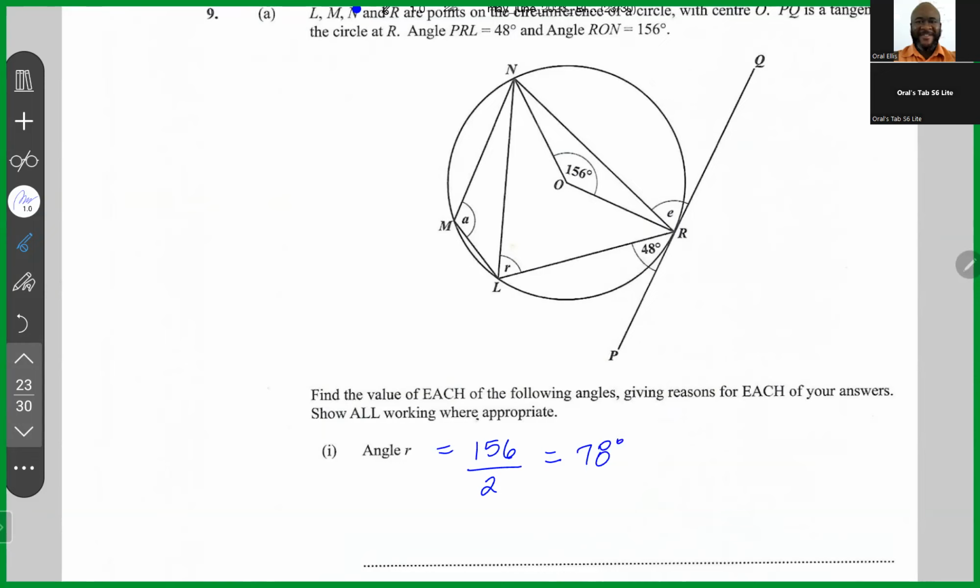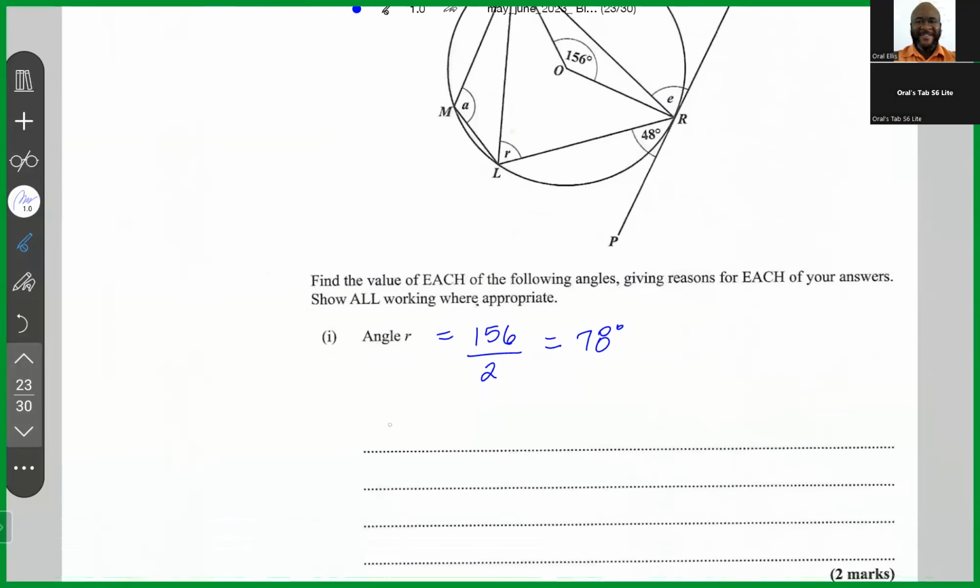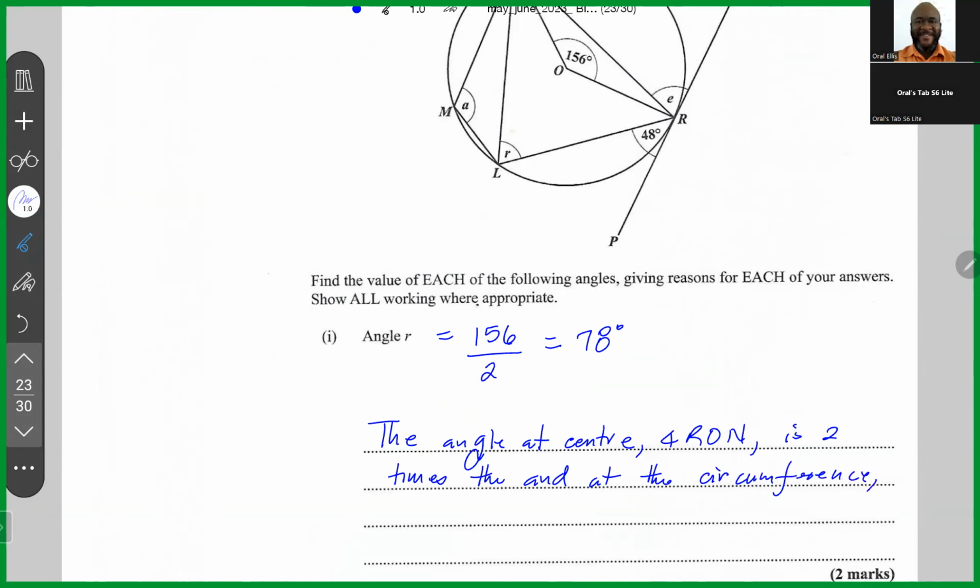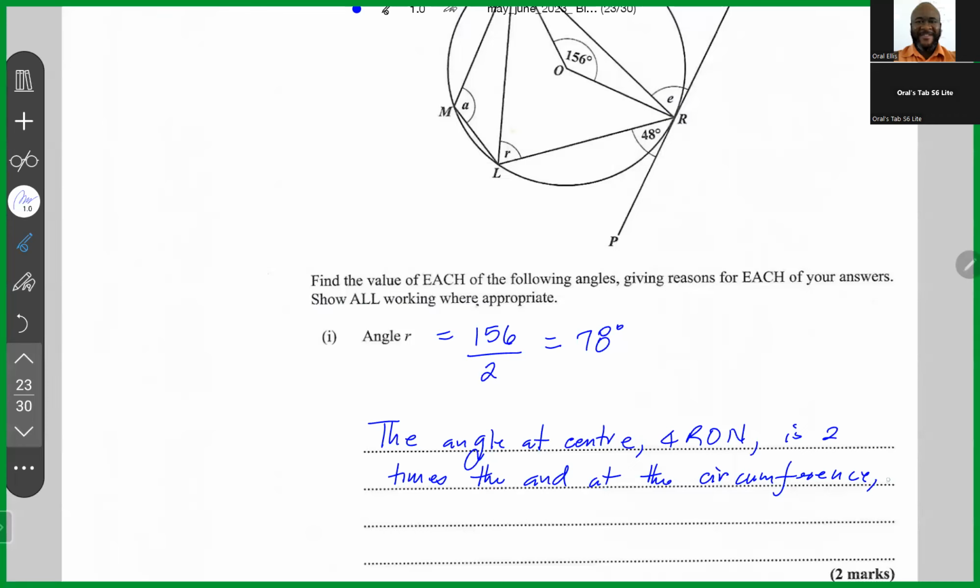And the basic reason for that is that the angle at the center, which is angle RON, is 2 times the angle at the circumference. And of course, the angle at the circumference is R.